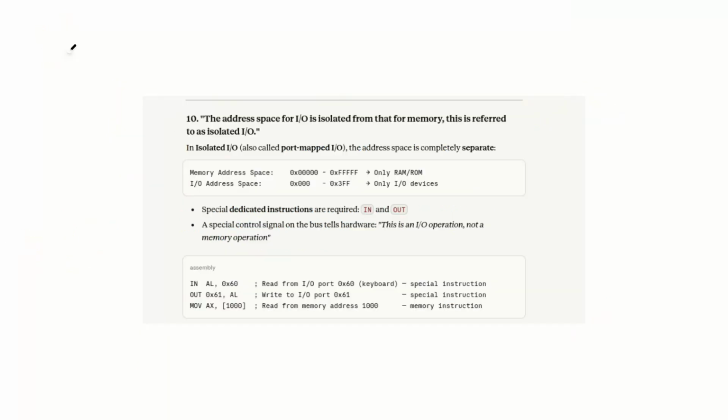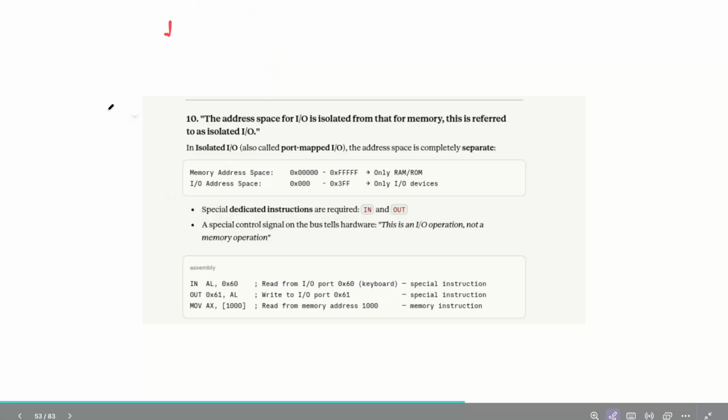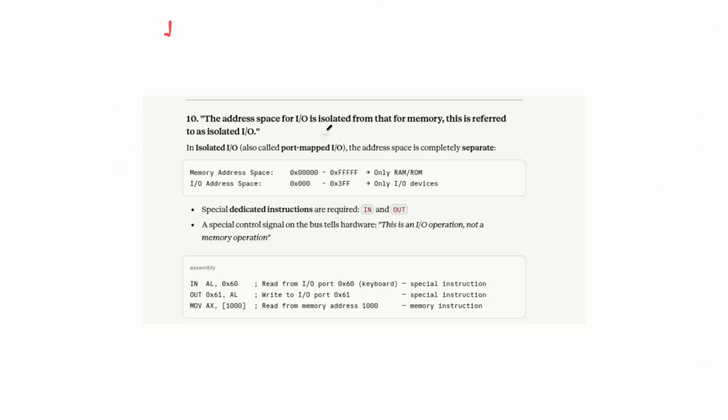Now in the case of isolated IO, we need separate IO instructions, because here we cannot use our memory instructions since the address space is not shared. The address space for IO is isolated from that for memory. This is referred to as isolated IO, also called port mapped IO.